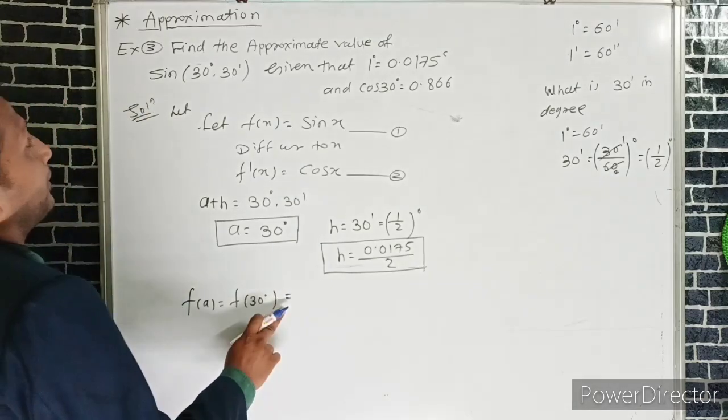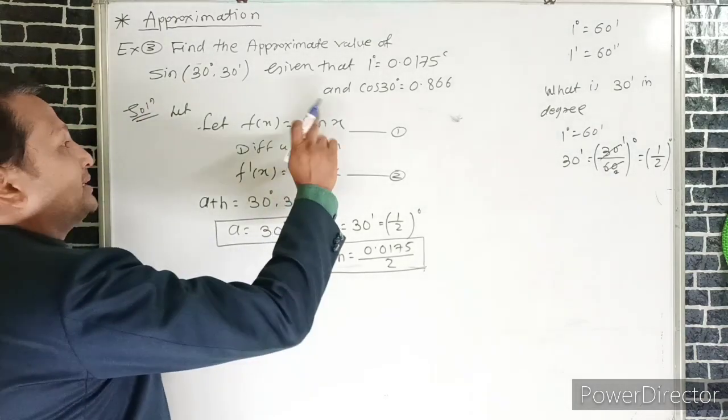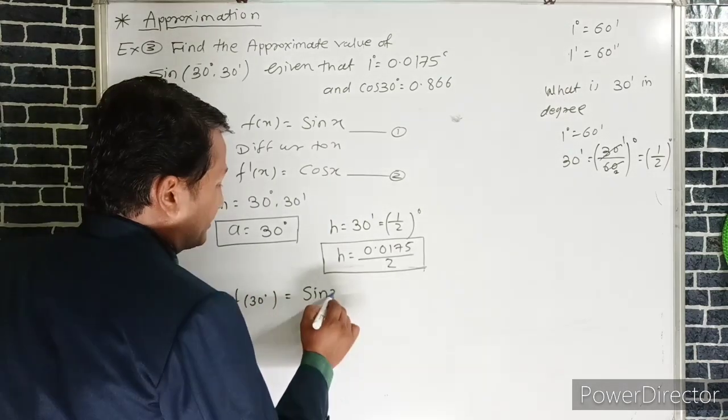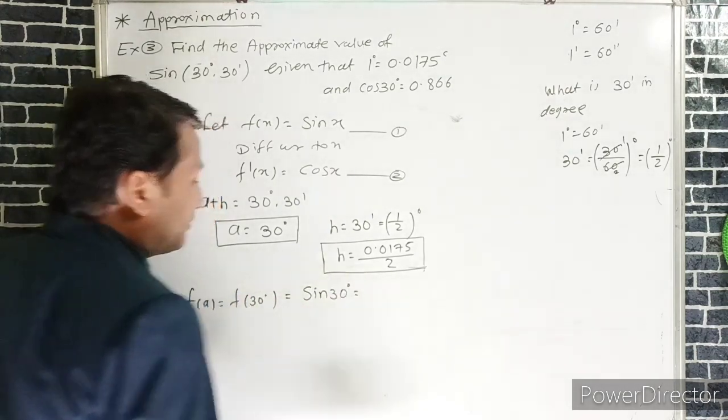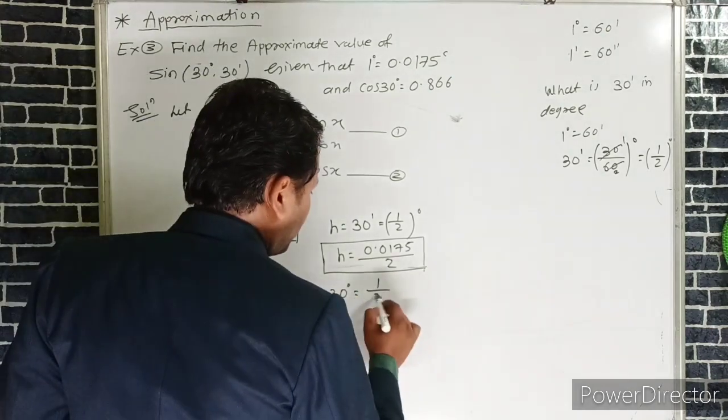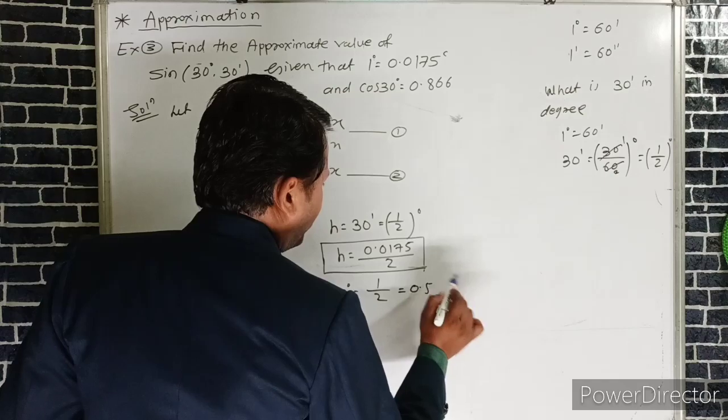The value of f of x is sin x, so the value of f of a is sin a, and f of 30 is sin 30. You know very well that sin 30 degrees, meaning sin of pi by 6, is equal to 1 by 2, or we can write 0.5.